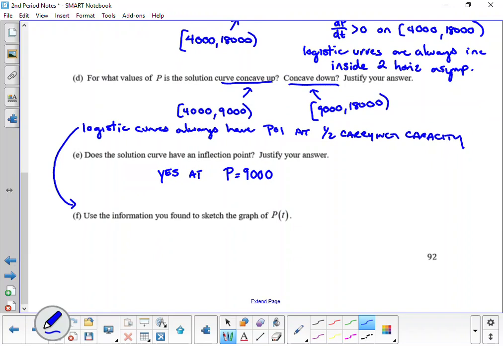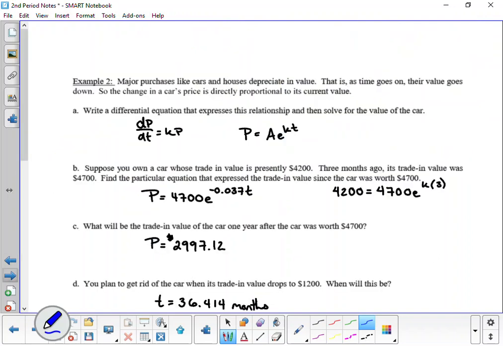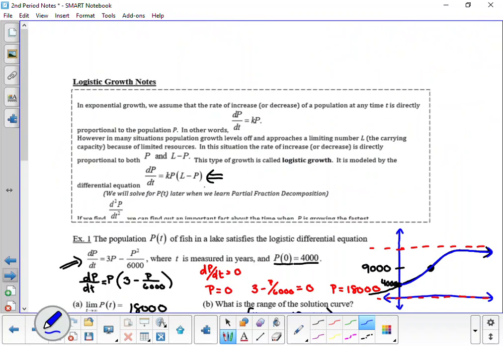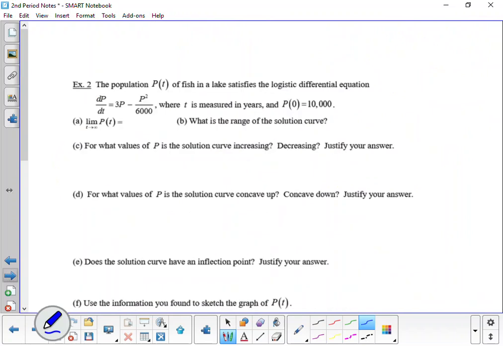Okay, I'm going to help you sketch the curve for the next two. It's the same function, but your initial condition is different. So this one, you still have asymptotes at 0 and 18,000. But the difference here is your initial condition starts at 10,000.